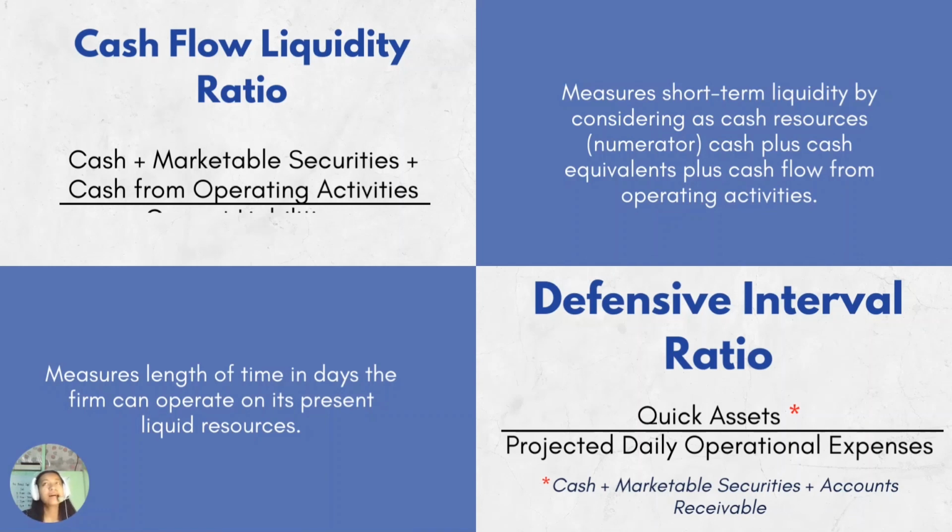Tinitingnan lang natin ilang days na kaya ng company na mag-operate without needing to get sa capital ng firm, but on its quick assets. So, that is all the formulas under liquidity ratio. Now, let's go with its application para mas maintindihan. Ito na, nandito na tayo sa exciting part.